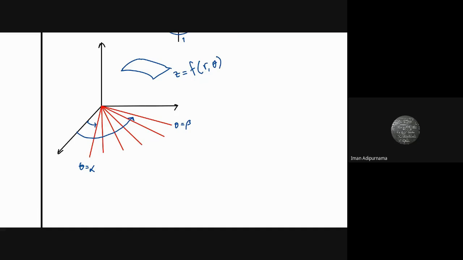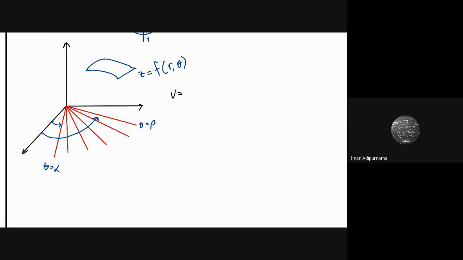So if we want to find the volume, we have the limit. Let me use the same rectangular setup as in your textbook.